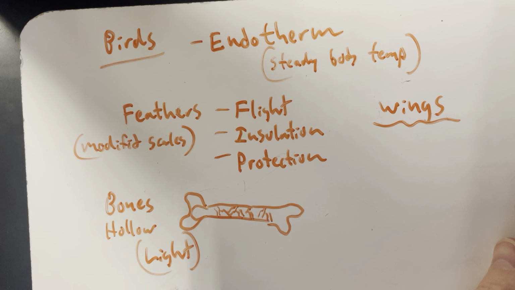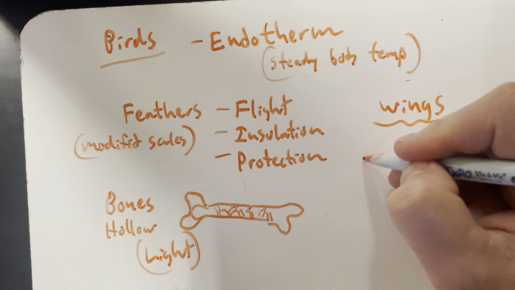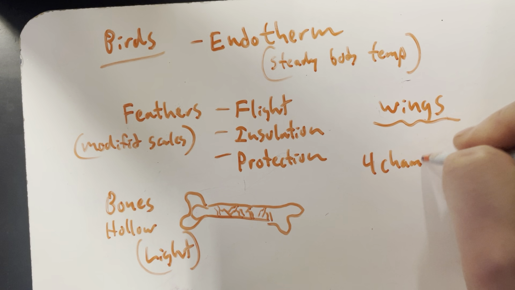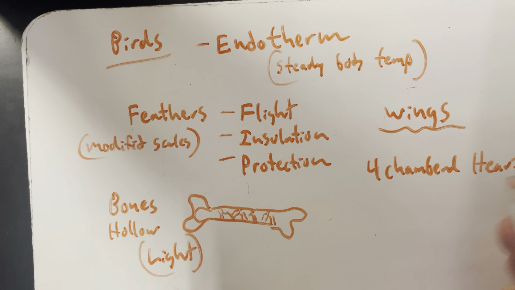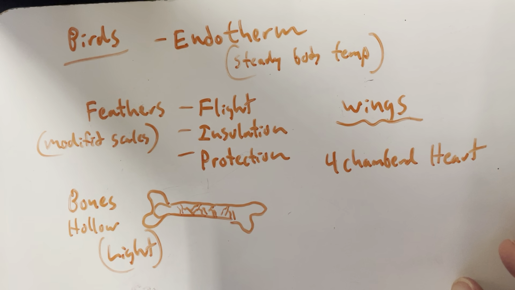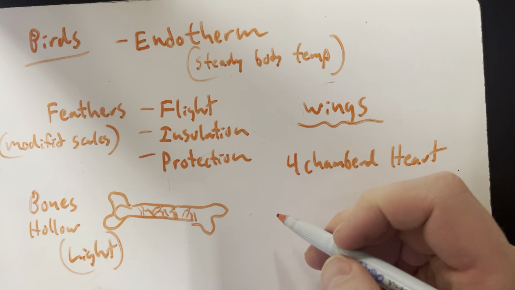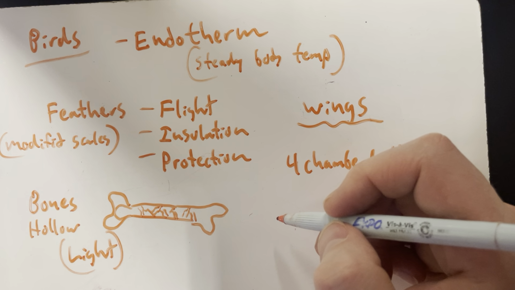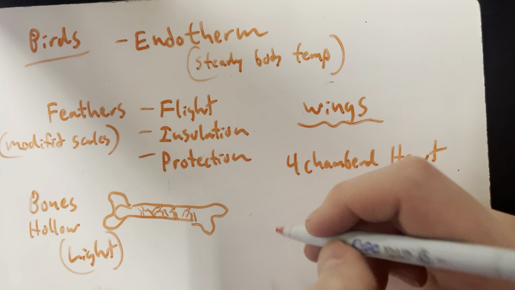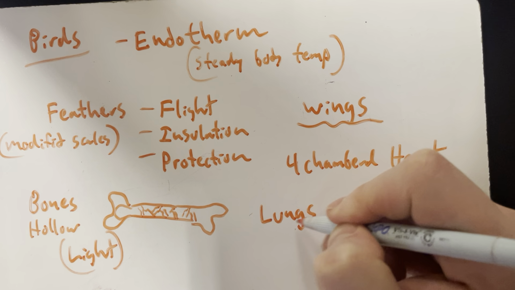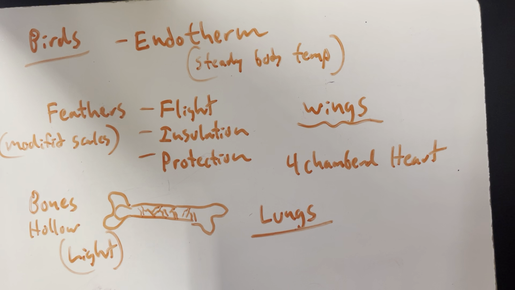We talked about their hearts already. Four-chambered heart, which incidentally evolved independently of mammals and our four-chambered heart. But there's something special about their lungs. Does anyone know? They have lungs that are more efficient than a human's lung. So a human lung, or a mammal's, looks something like this.